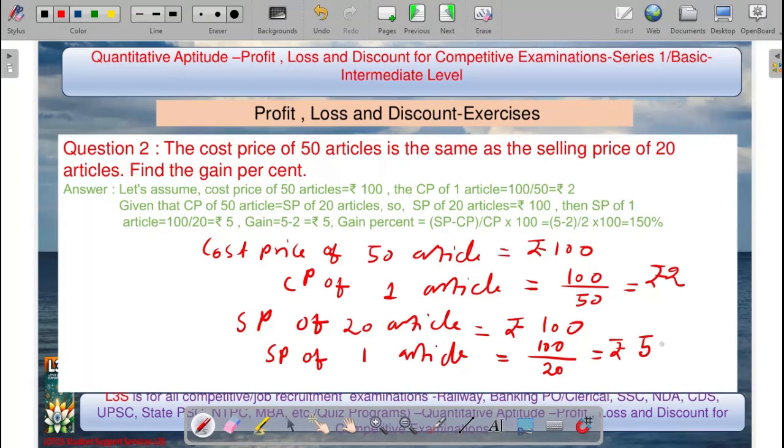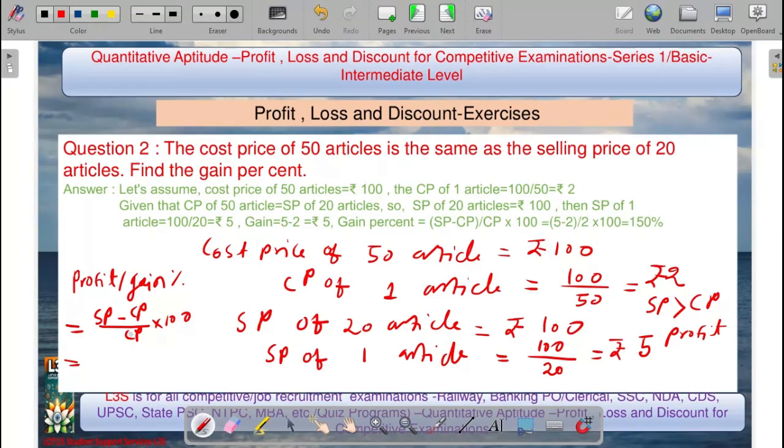So selling price is more than cost price, so it will be profit. Now the question is find the gain percent. Gain means profit. So profit percent or gain percent equal to, we know, SP minus CP by CP into 100.